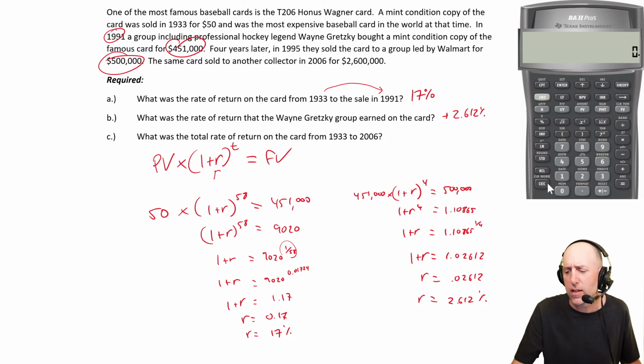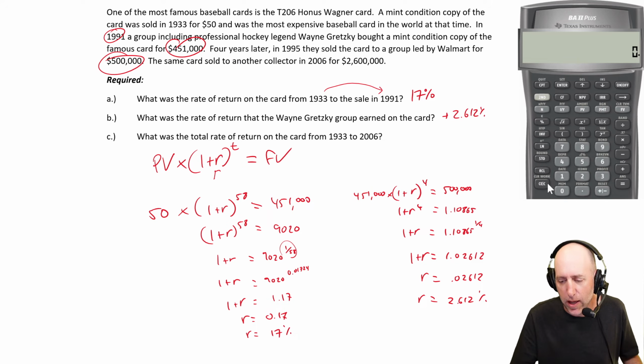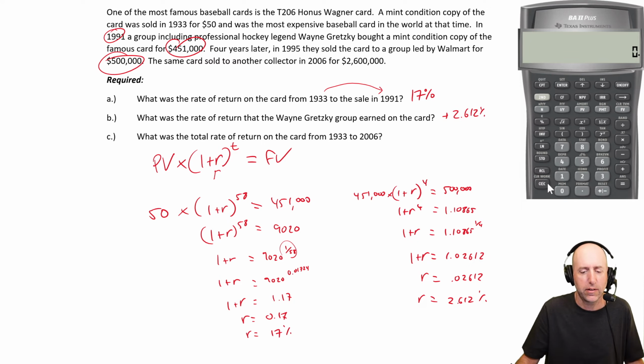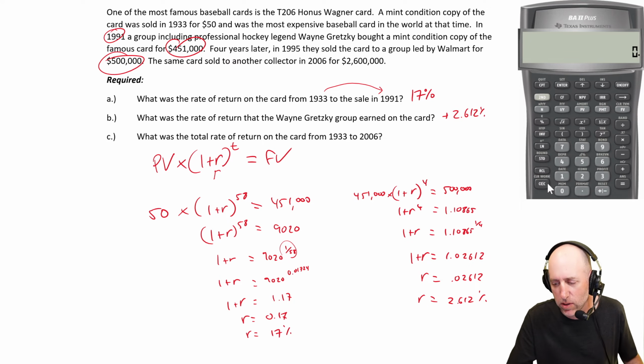I want to show this in the financial calculator just in case you were curious about that. So let's do the Gretzky Group. We won't do them all in the financial calculator. We'll do the last one by hand, but let's just do this one in our financial calculator. Make sure we know how to do that. Make sure everything's cleared. Our present value here is negative 451,000.